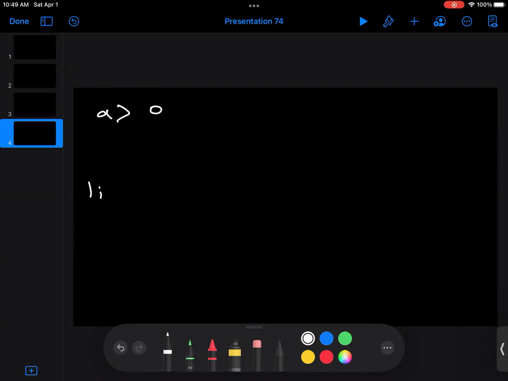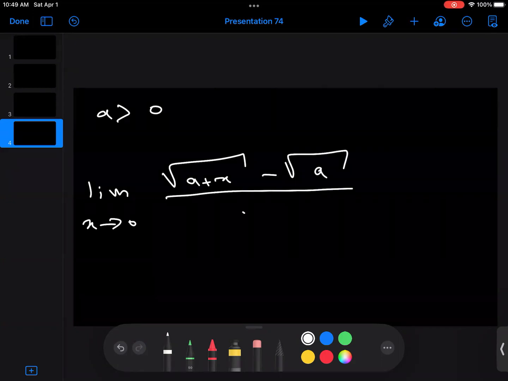Can you compute, by analogy with what I've just done, the limit as x goes to 0 of square root of a plus x minus square root of a, divided by x? I'll give you 5 minutes to think about that.